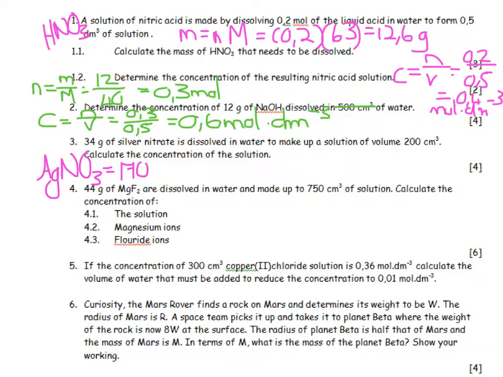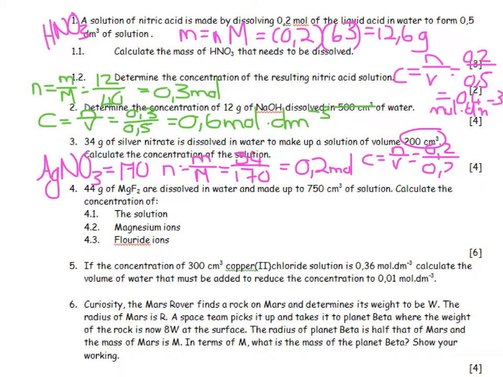So I can say number of moles is equal to, again, I must write out formula, mass over molar mass. I've been given 34 grams, the molar mass is 170, I get 0,2 moles. Concentration, number of moles divided by volume, 0,2 moles divided by, convert that, 0,2 decimeters cubed, and I get 1 mole per cubic decimeter.